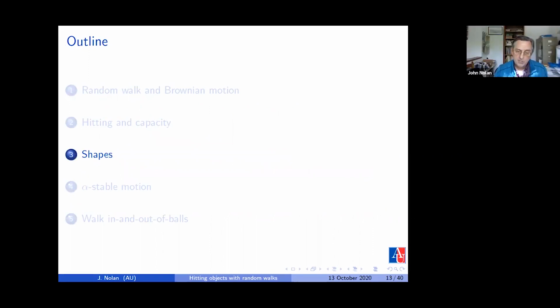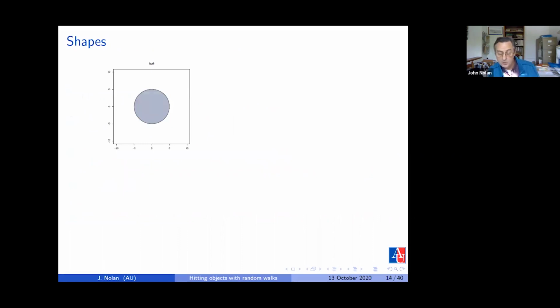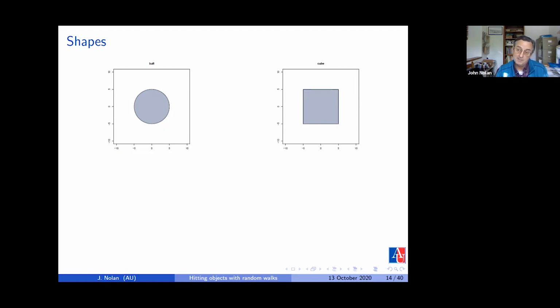Okay, now I'm going to change directions a little bit, but we'll see that they do tie together. Shapes. So here's a very simple shape, a unit ball, something that we're all familiar with. Here's something a little bit more complicated, but still pretty simple. Here's an object that is more complicated.